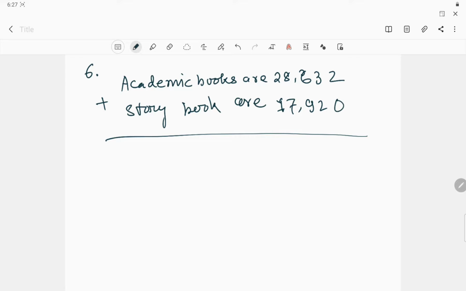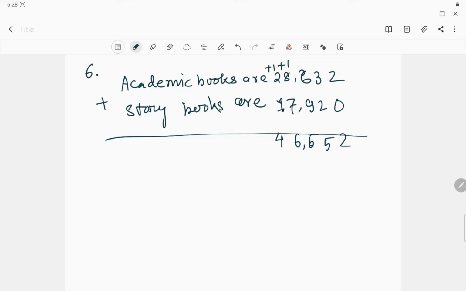So the total number of academic books and story books, add it: 2, 5, 15, carry 1, 16, 4.